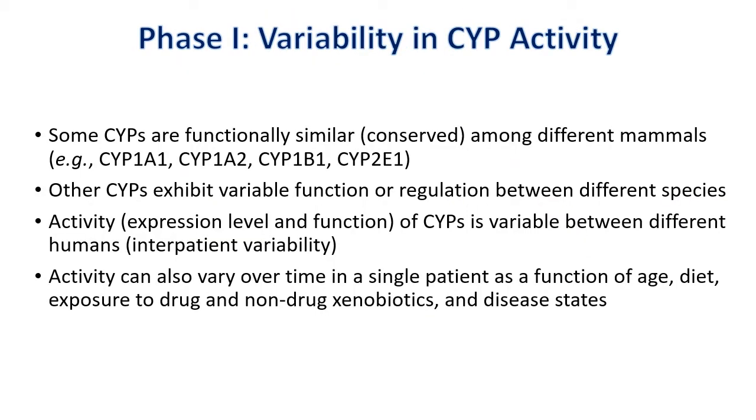Now, a little bit on the variability of cytochrome activity, because this is so important in patients. Some CYPs are functionally similar, or considered conserved, among different mammals: CYP1A1, 1A2, 1B1, 2E1. This is just if anyone's ever interested in veterinary medicine, and then I'll move on to the clinical stuff. Other CYPs exhibit variable function or regulation between different species.